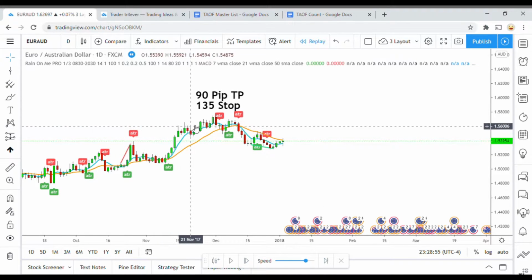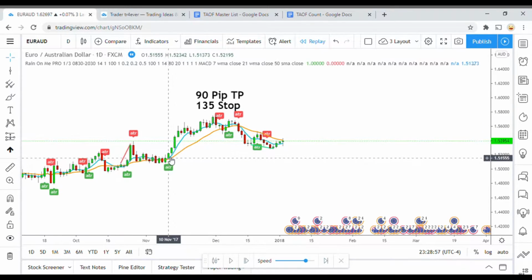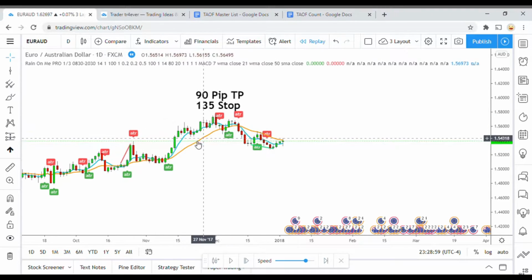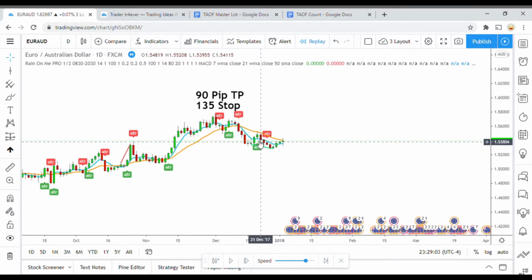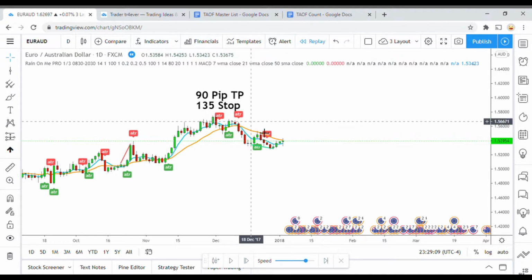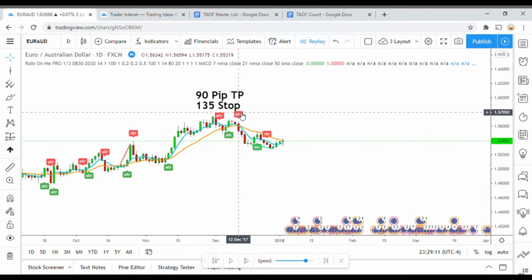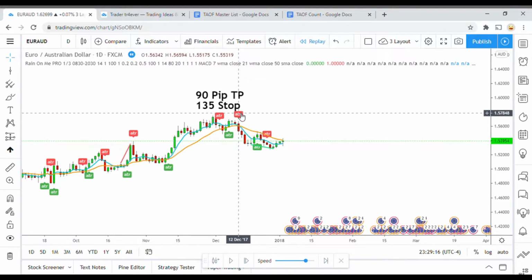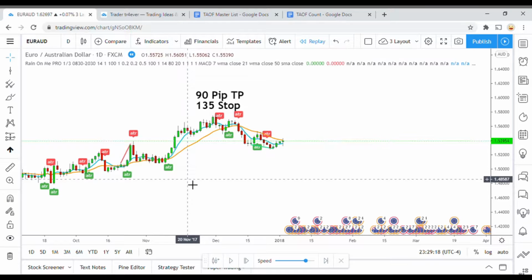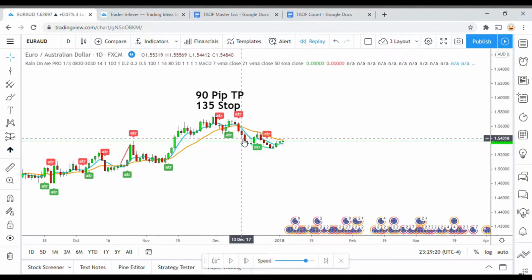And so when the blue line is above the orange line, that is an uptrend. When the blue line is below the orange line, that is a downtrend. And so that criteria also needs to come into account when we are trading these signals, the ATR signals.